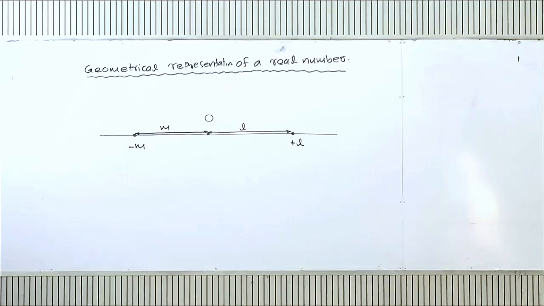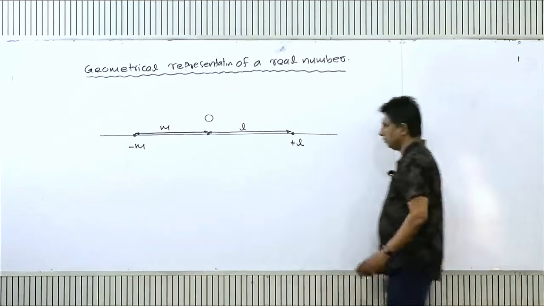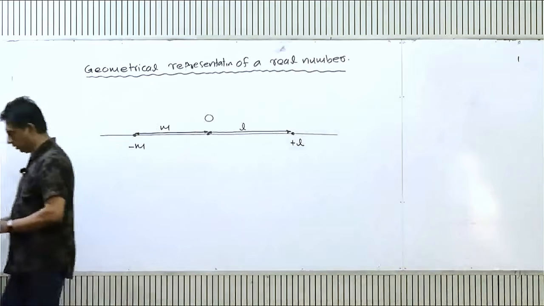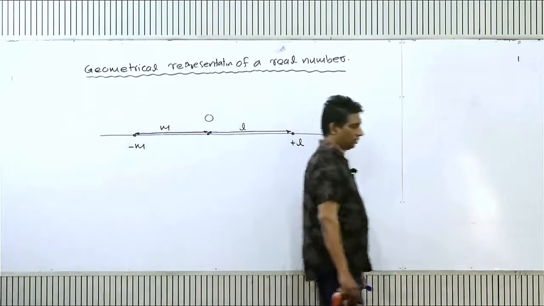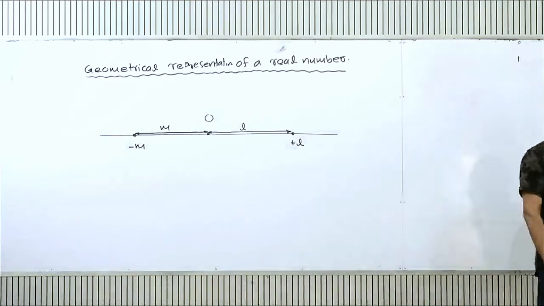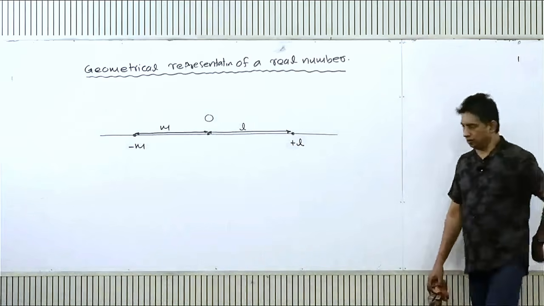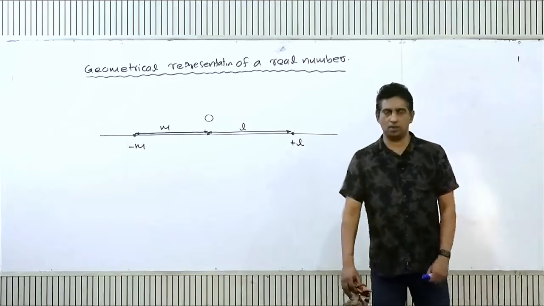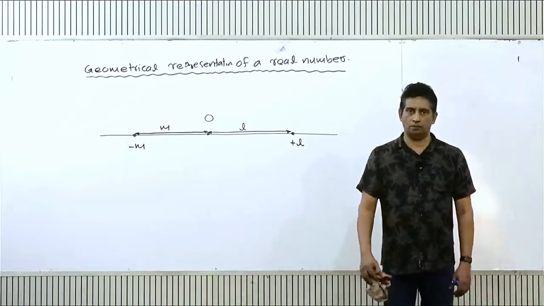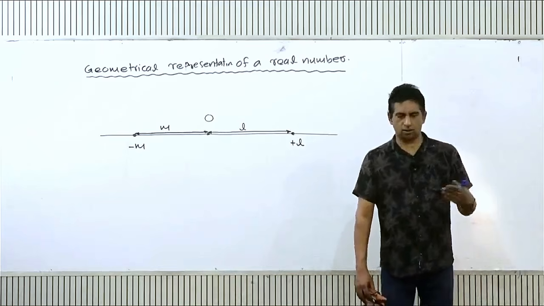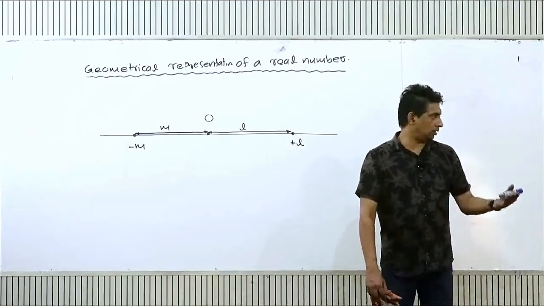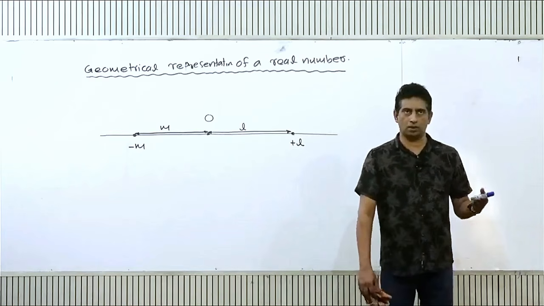Right. Now, this is about the real number line. Now, there are some questions in school papers, that means term test papers, where they give some real numbers and ask us to mark those numbers on a real number line.